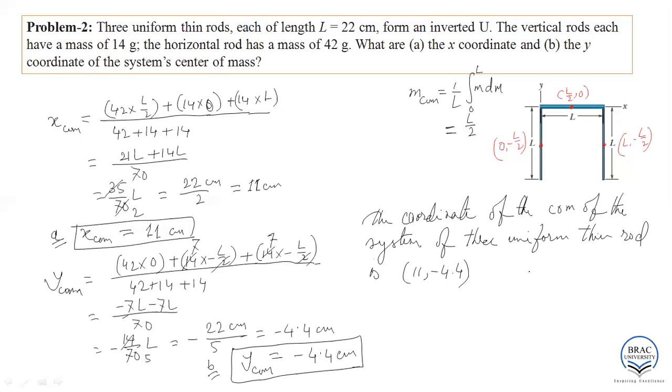So this is the coordinate. Where is the position? The position is along the x-axis. This is 11 centimeter, and below 11 centimeter, if we move minus 4.4 centimeter, then here is the position of the center of mass. And its coordinate is 11, minus 4.4.